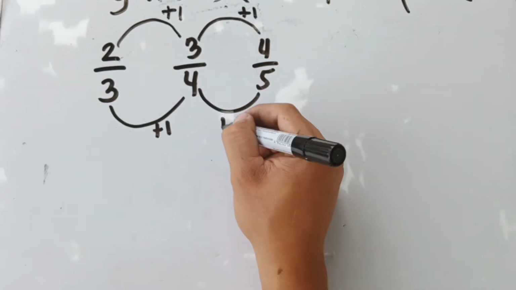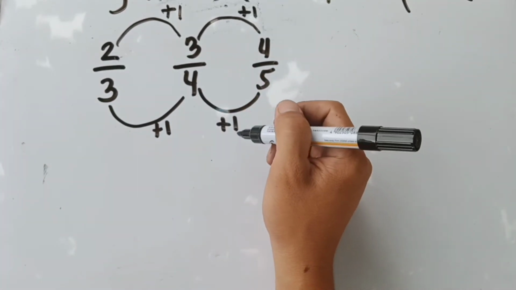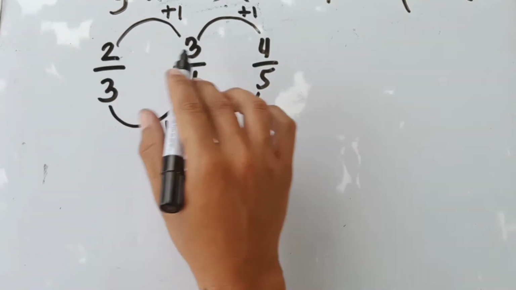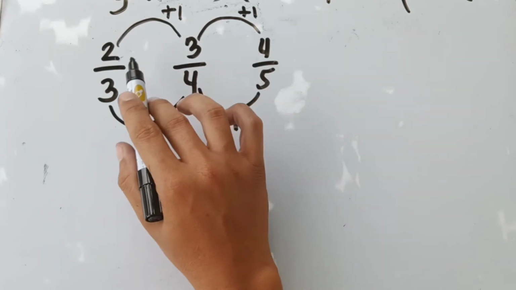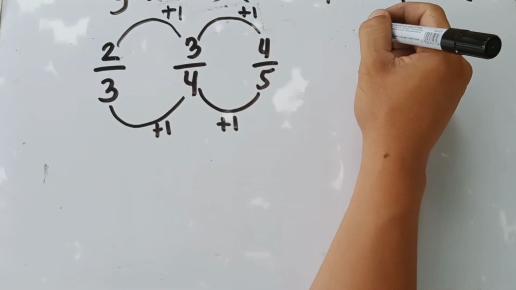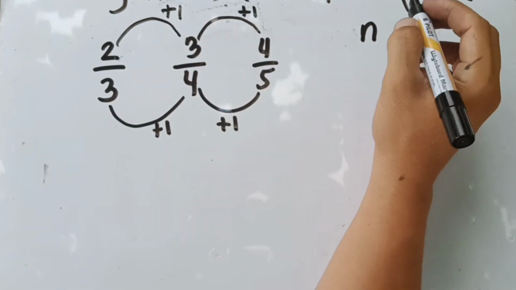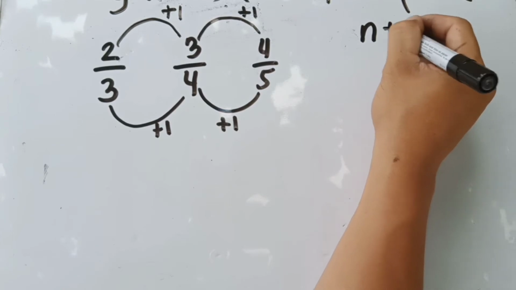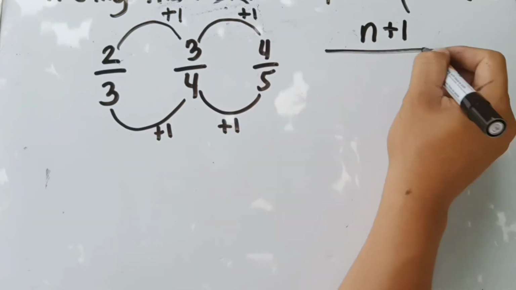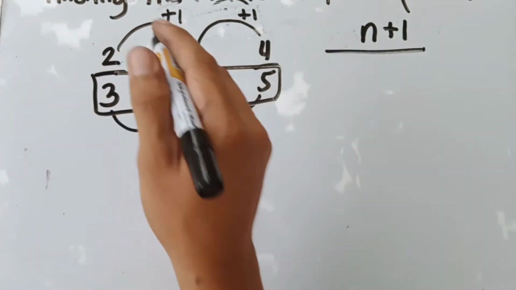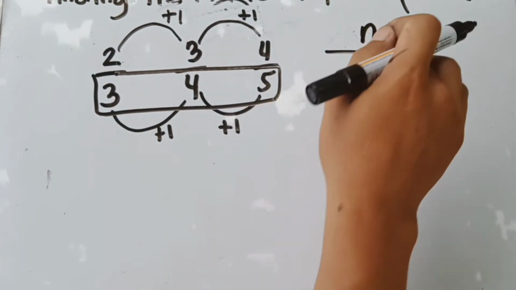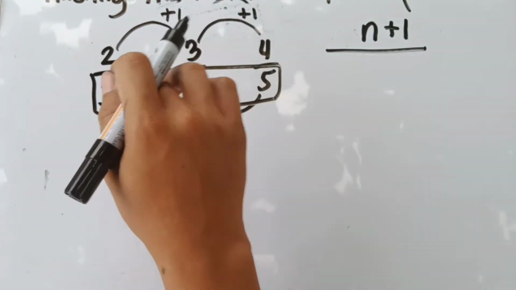And 4 plus 1 becomes 5. Since our numerators are consecutive numbers starting from 2, we can just use the last rule, which is n plus 1 for the numerator. But for our denominator, we still have to check if this rule will work for them.